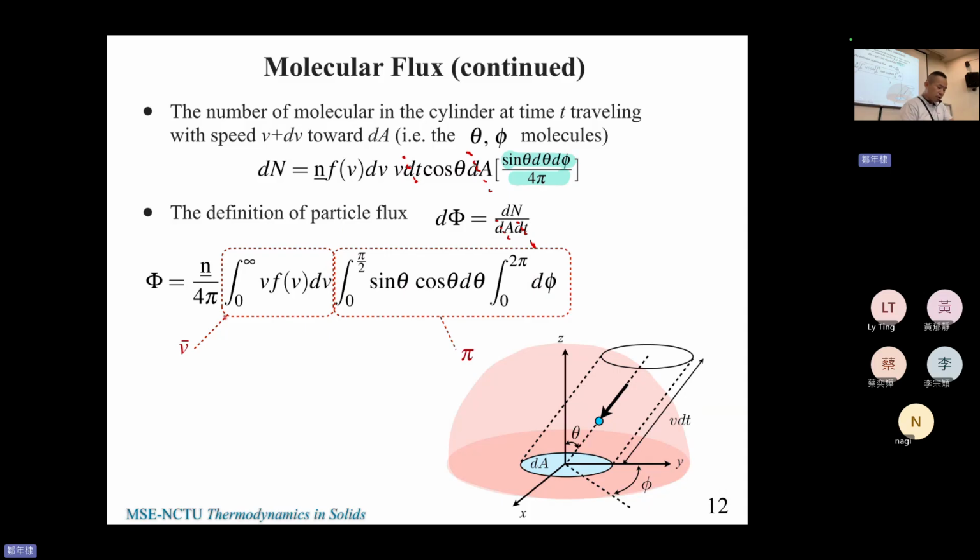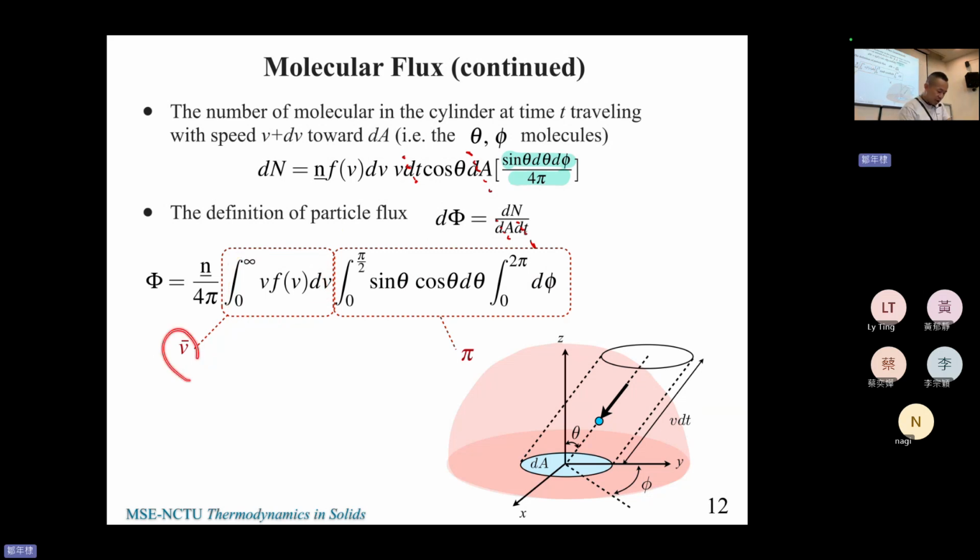So we do the integration for the boundary. For v, yes, 0 to infinity. For theta, yes, 0 to ½ pi. For phi, 0 to 2π again. So this is the formulation after this. Substitute back and do the integration. And here is v bar.